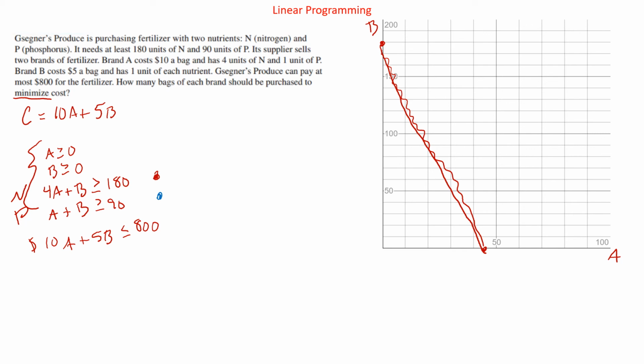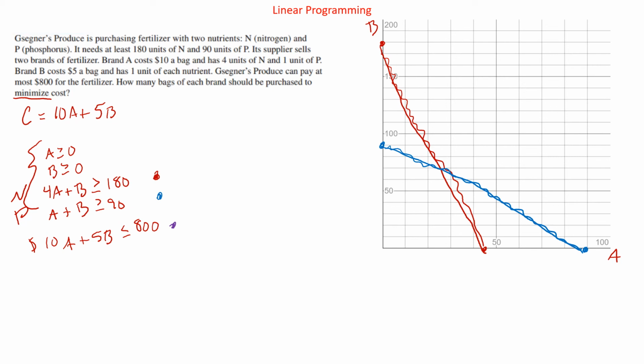A plus B is greater than or equal to 90. Well, that's going to be 90 for both of them, and it's going to be greater. And then $10A plus $5B is going to have to be less than 800.